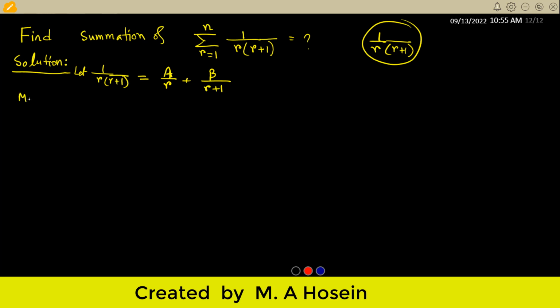Multiplying both sides by r into (r plus 1), on the left hand side it will remain just 1, which equals a into (r plus 1) plus b into r.